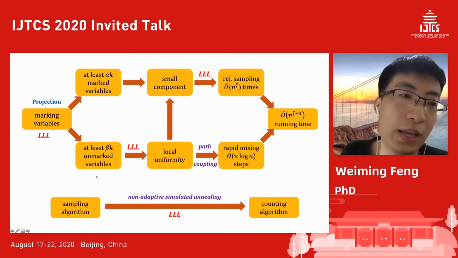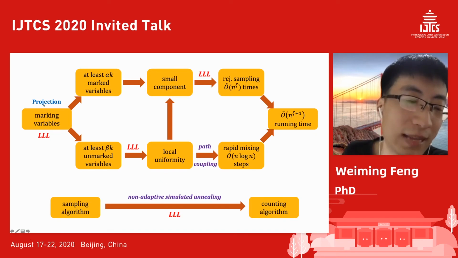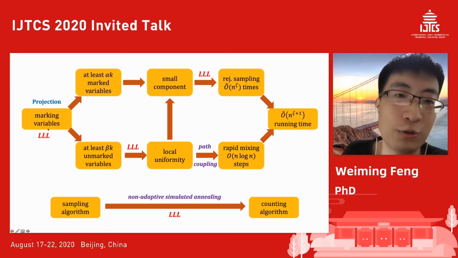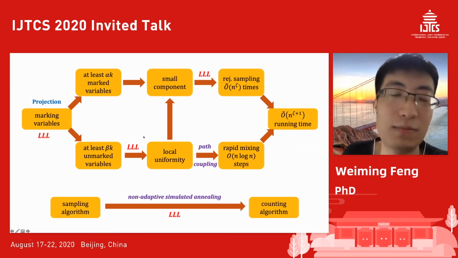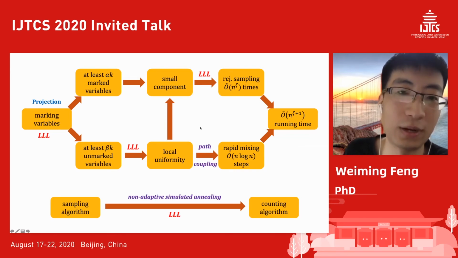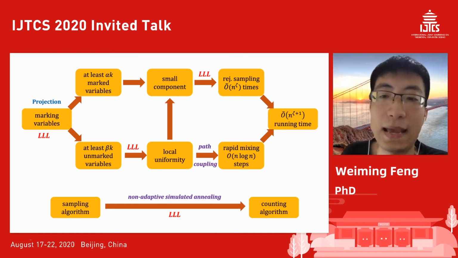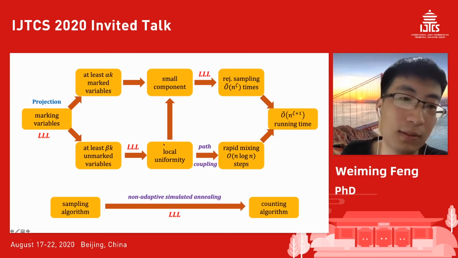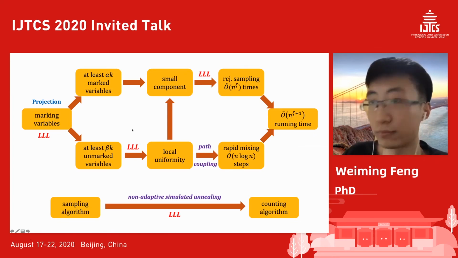So overall, we use the projection, namely marking variables, to bypass the connectivity barrier of the Markov chain Monte Carlo method, so we can use the well-developed MCMC technique to analyze the running time for sampling CNF solutions. And as we can see, the Lovász local lemma plays very important roles in many places in our algorithm.